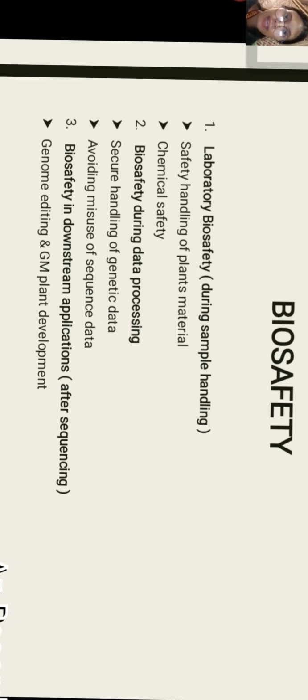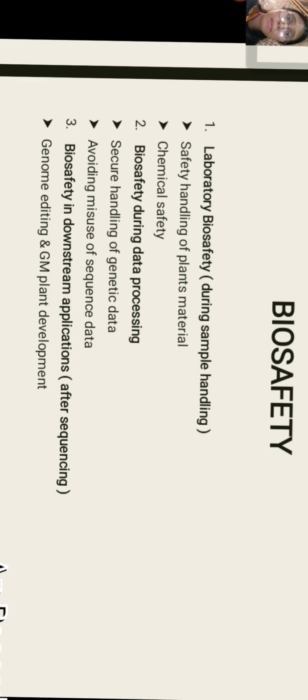Safe handling of plant materials means handling plant tissues carefully to avoid spreading pests, disease, or contamination. So handle plants carefully so nothing gets sick or ruined.